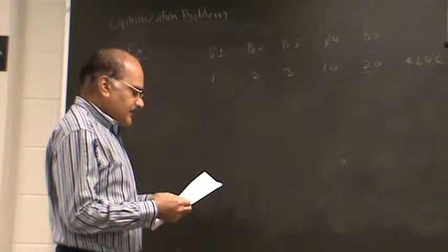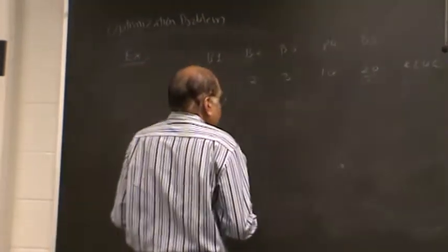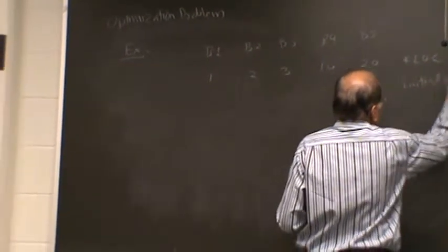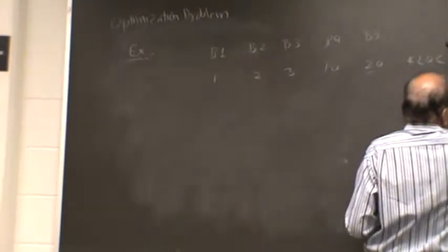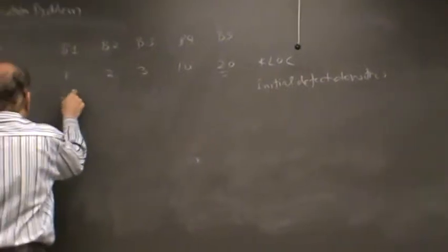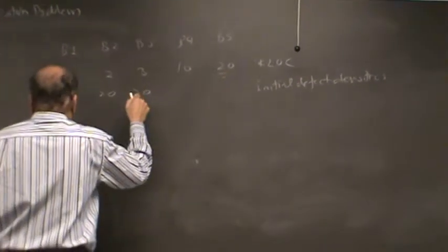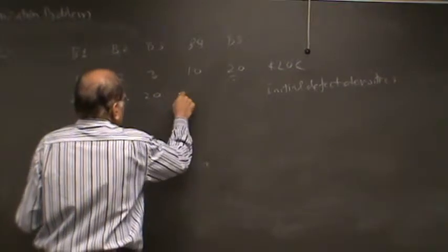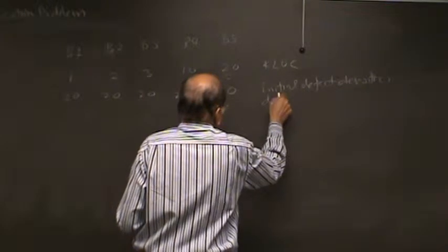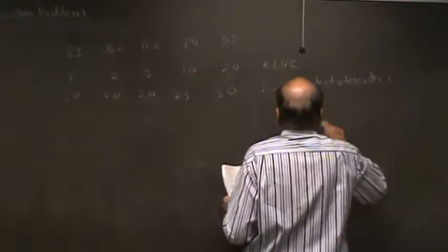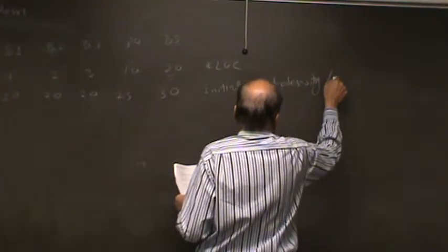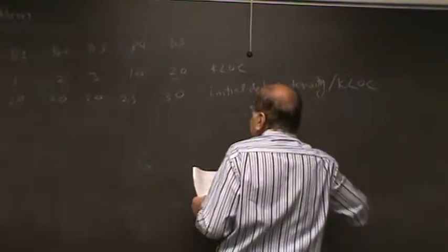And let's assume the initial defect densities are 20, 20, 20, 25, and 30 defects per 1,000 lines of code.